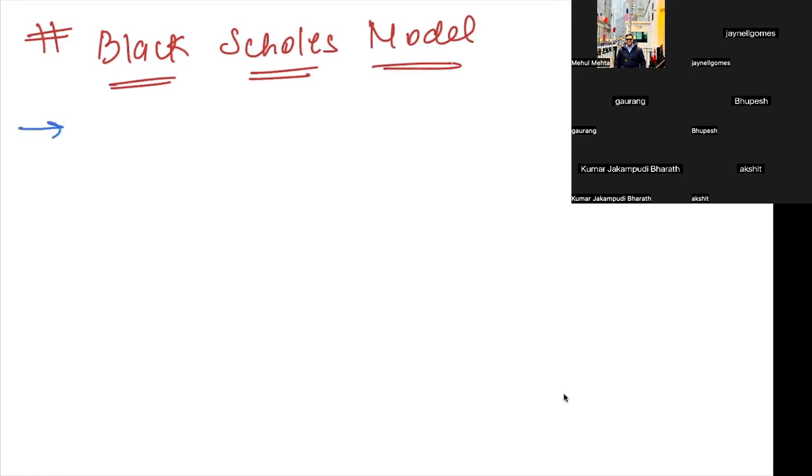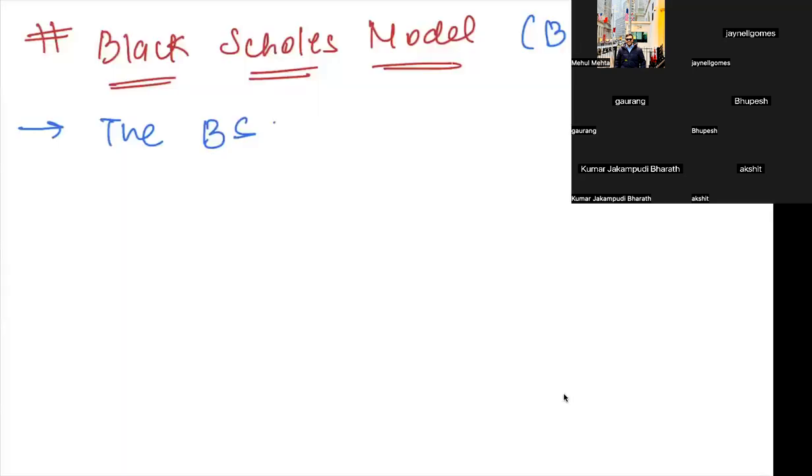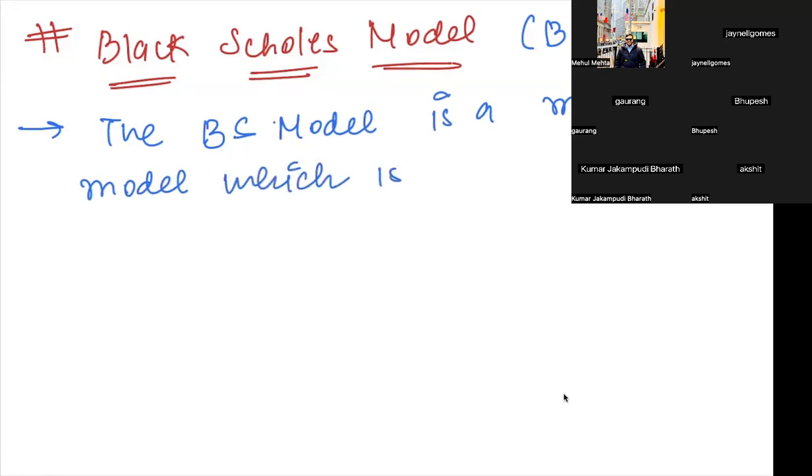For the time being, I'll just use BS instead of Black-Scholes. So the Black-Scholes model is a mathematical model which is used for pricing European style option.